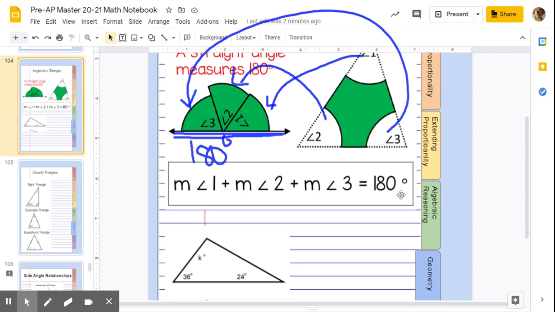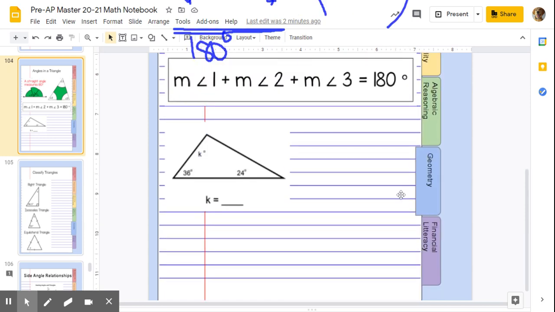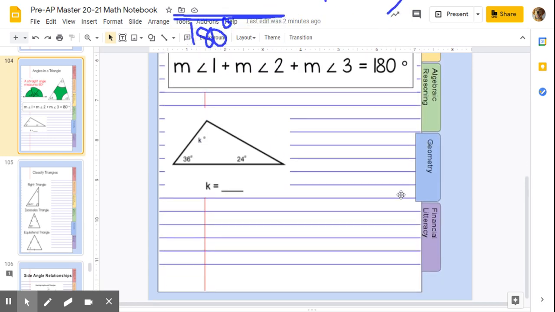Okay, so we're going to use that, like we just did with our complementary and supplementary angles, to solve and find a missing angle in a triangle. So in this triangle here, I have 36 degrees, I have 24 degrees, and I have this K we don't know degrees.